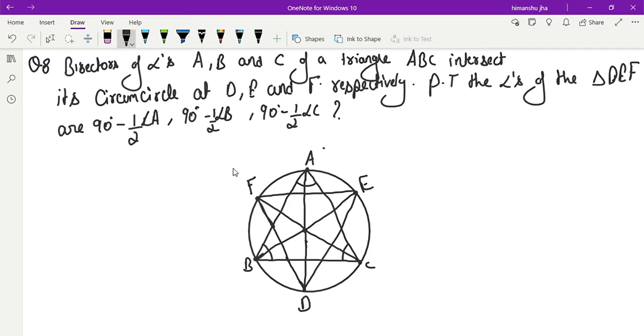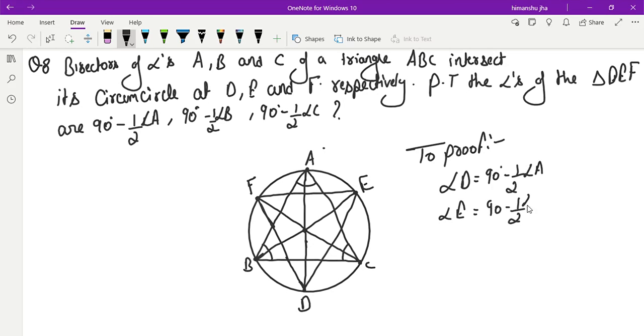Now they are asking to prove that the angles of triangle DEF equal 90 minus half of angle A. Angle D equals 90 degree minus half of angle A, angle E equals 90 minus half of angle B, and angle F equals 90 minus half of angle C. That's what they are asking.